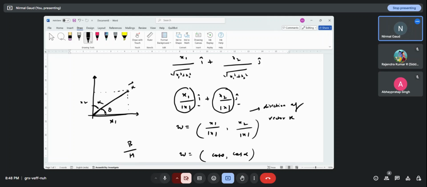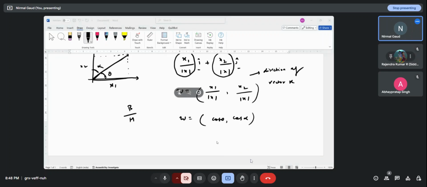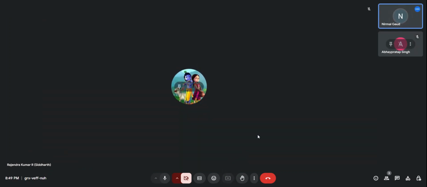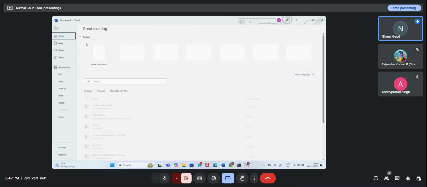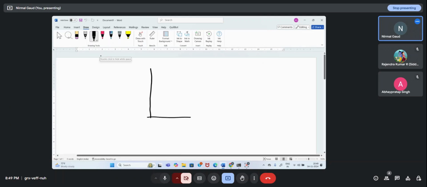Then the next thing that comes under the vectors is the angle between the two vectors. Let me share my entire screen. Okay, so now see the angle between two vectors. This is my x vector and this is my y vector.